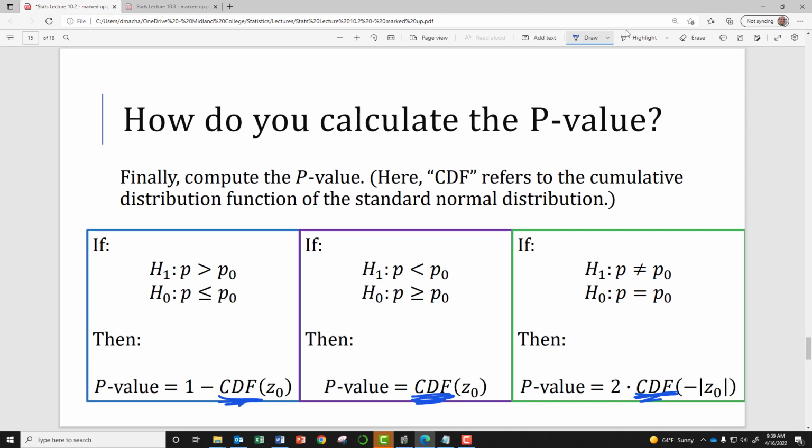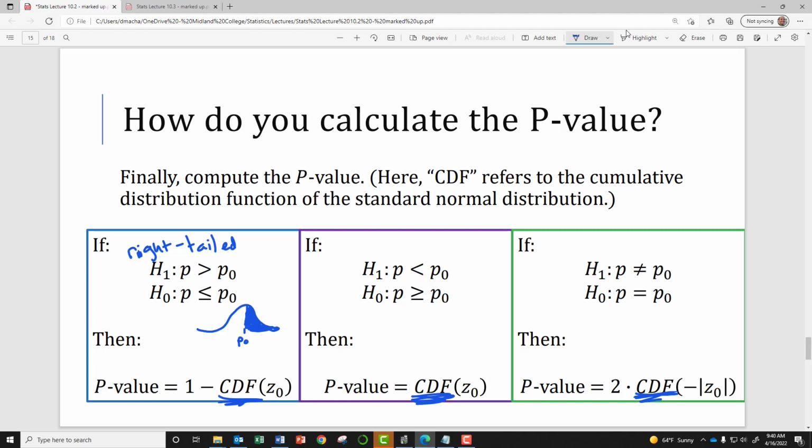In the first case, where p is greater than some value in our alternative hypothesis, we would call this a right-tailed test, because we're interested in our population proportion being greater than some value. So in the distribution of sample proportions, we're looking for this area, the probability that our true population proportion is greater than some specific value p naught.